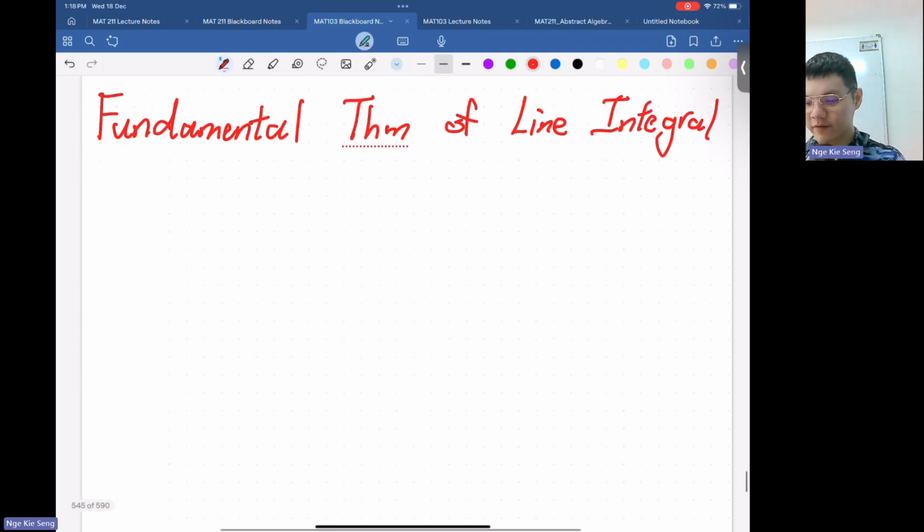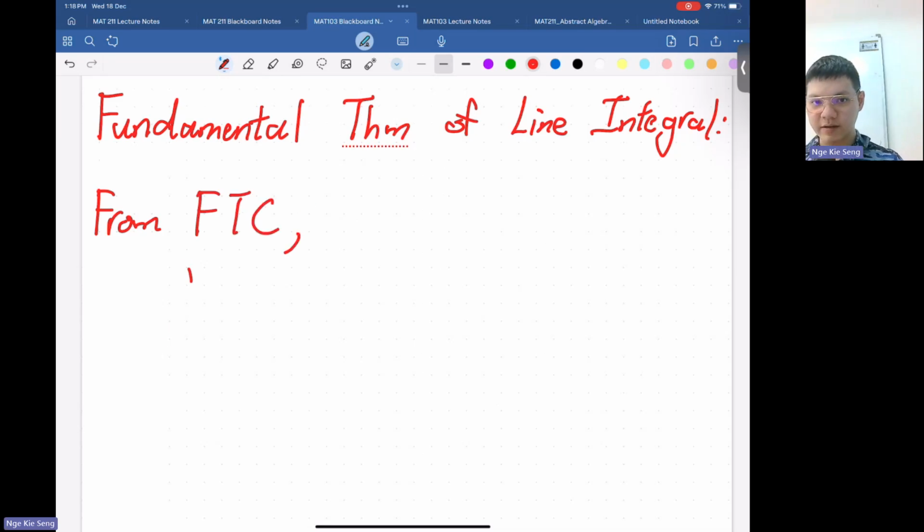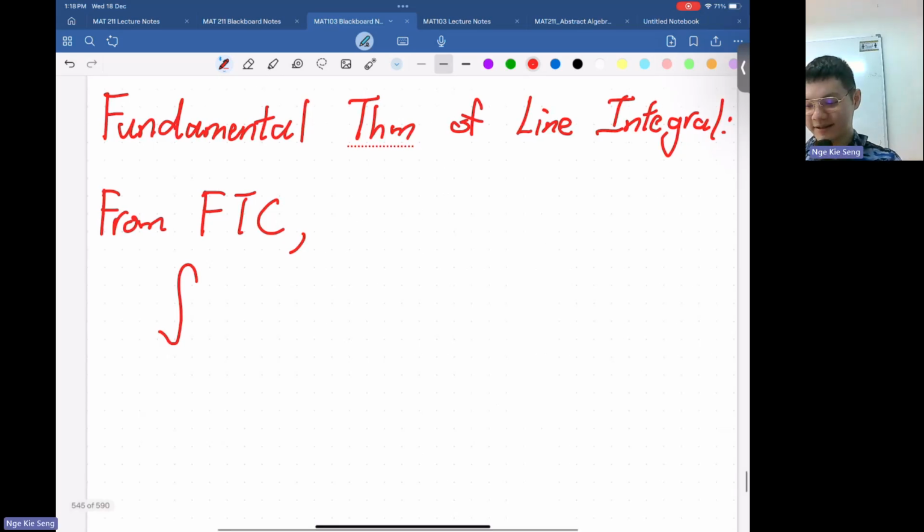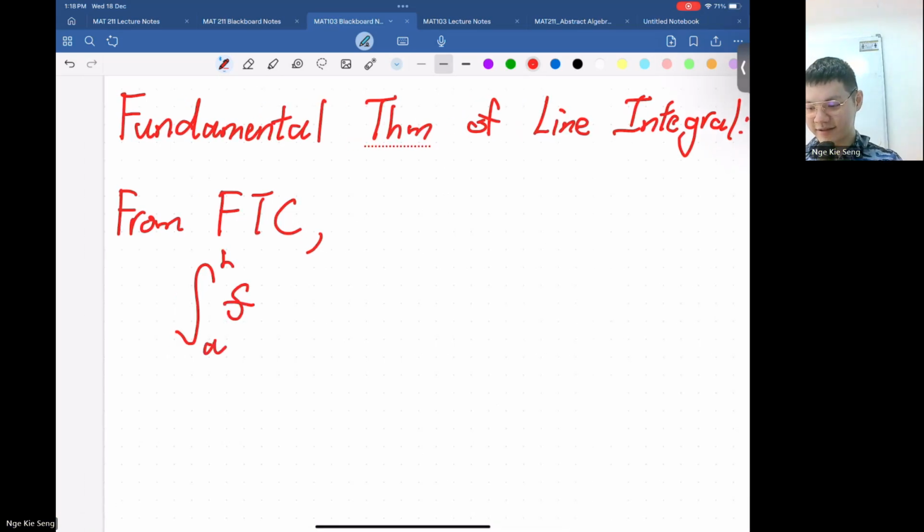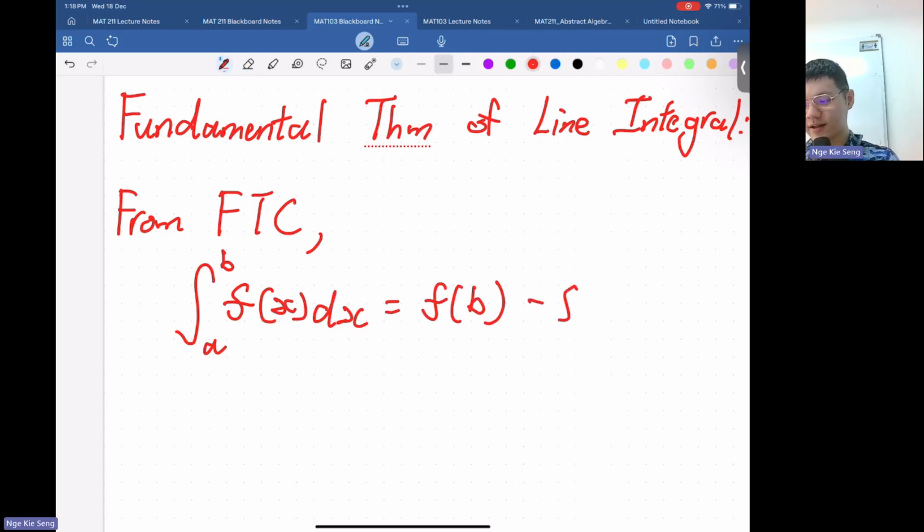Okay, so from the fundamental theorem of calculus, what do you learn? FTC. Integrating what? What's the fundamental theorem of calculus? The integral of f(x) dx equals what? F(b) minus F(a).